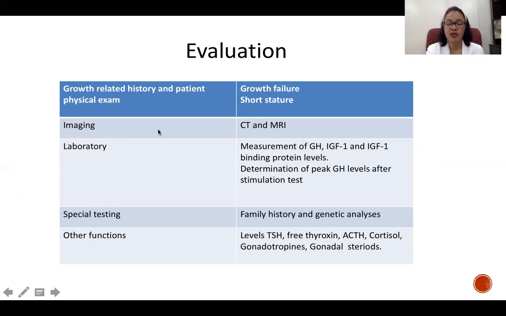Okay, I've mentioned already the blood tests in the laboratory. It's also important to do genetic analysis or look at the family tree of these patients. Okay, so I've mentioned also the levels of these particular hormones.